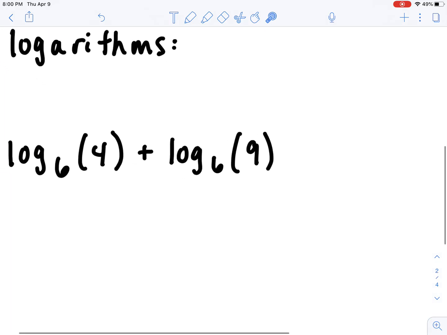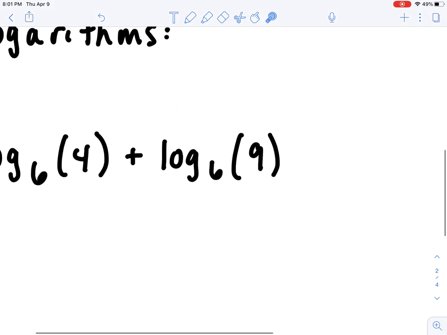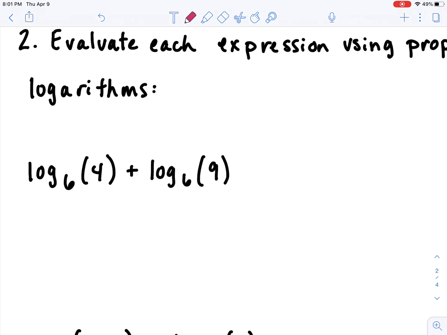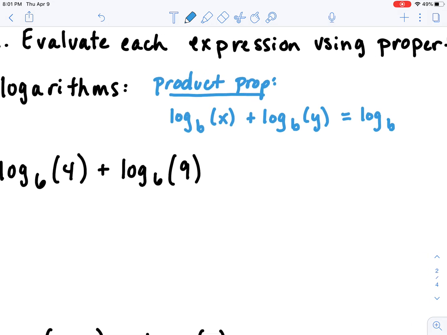So zooming in on this first one, I have addition here, and addition tells me to use the product property. So I'm going to write the product property up here so we remember it. Okay, the product property says if I have a log of some base of a number plus a log of that same base of another number, that's equal to log with that base of my 2 answer numbers multiplied.